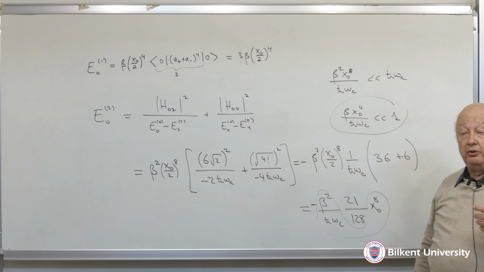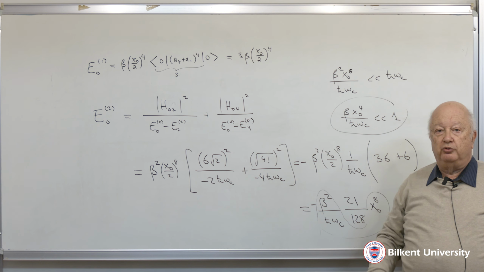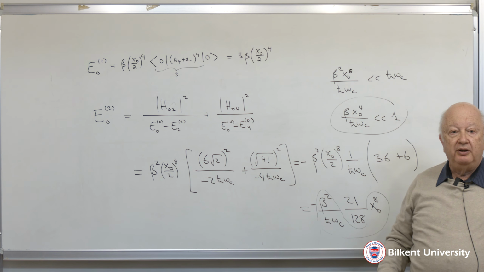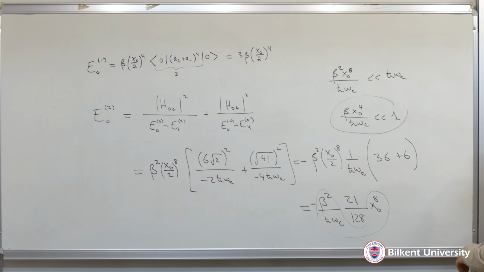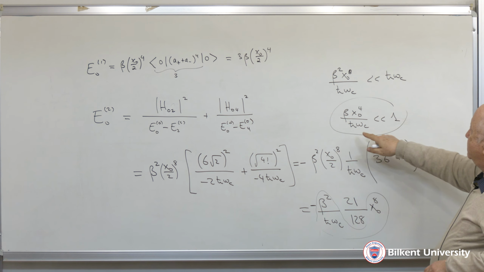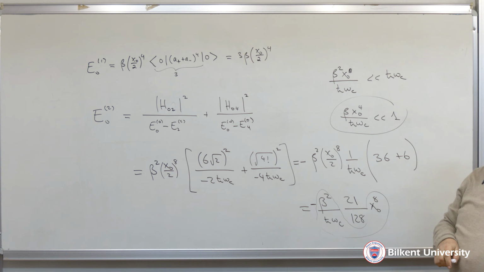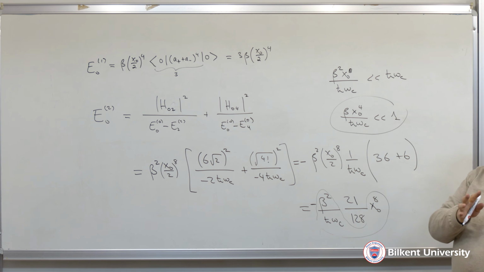So we have beta x, we assume, is going to be of the order of x0, the typical length in this harmonic oscillator. So that thing multiplied by x0 over 4, we assume is going to be a small effect, so it's going to be less than h bar omega c. So this is really the smallness parameter in the problem.